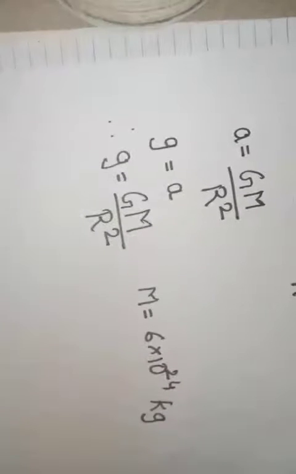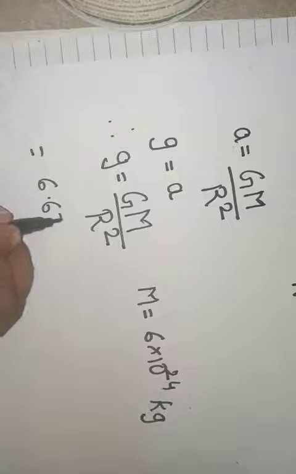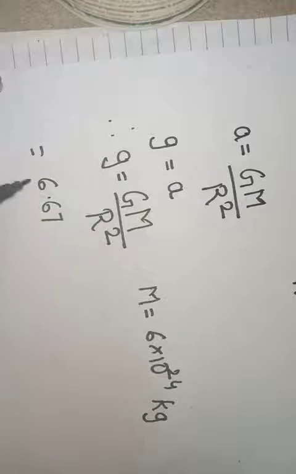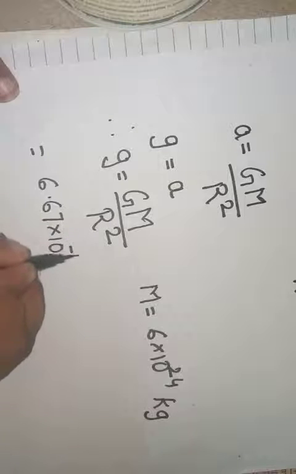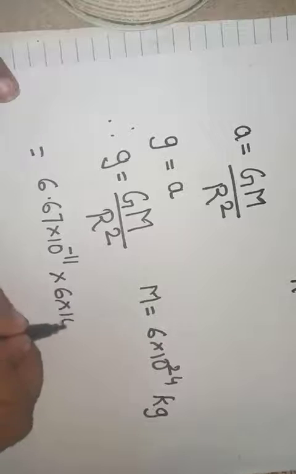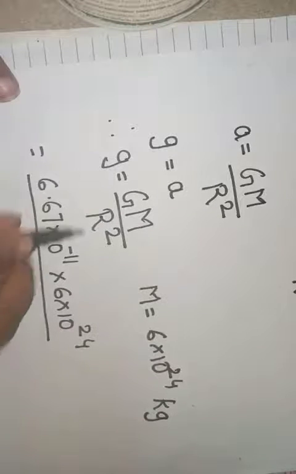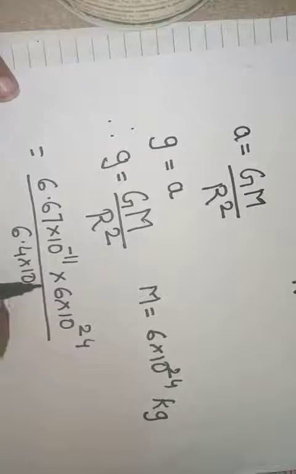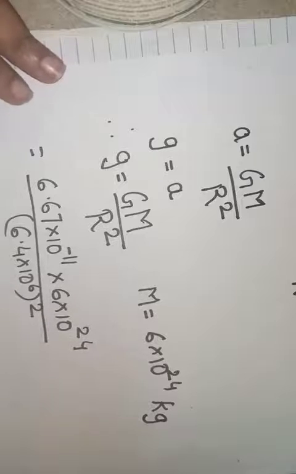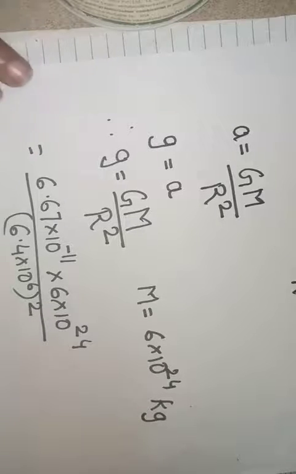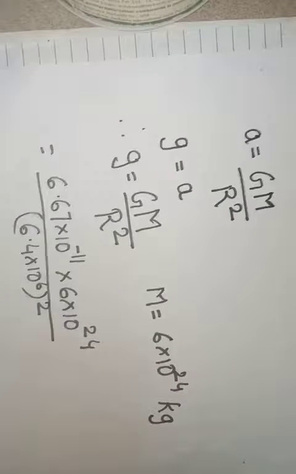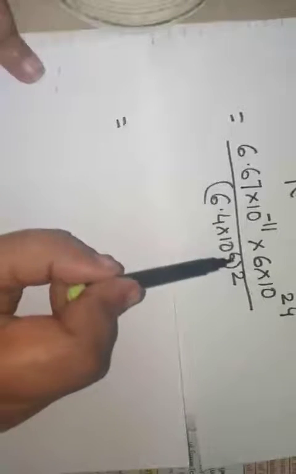When we substitute these values, we get 6.67, the value of the gravitational constant, into 10 raised to minus 11, into 6 into 10 raised to 24, upon 6.4 into 10 raised to 6, the whole square. We have substituted the values of all the factors here.